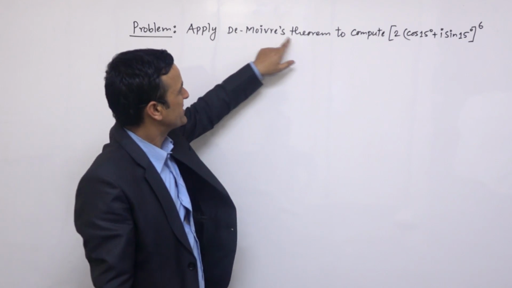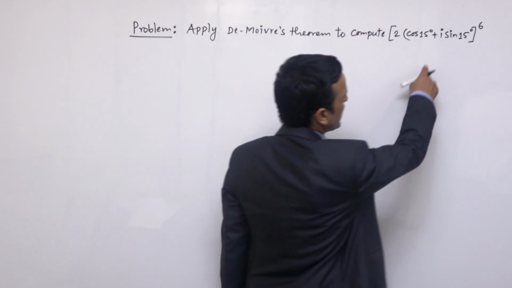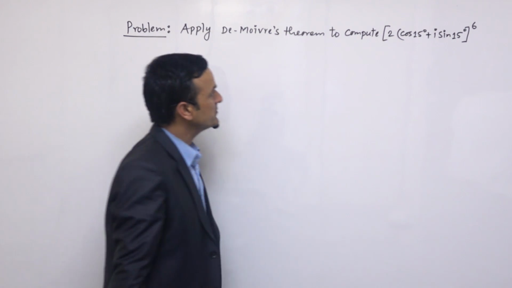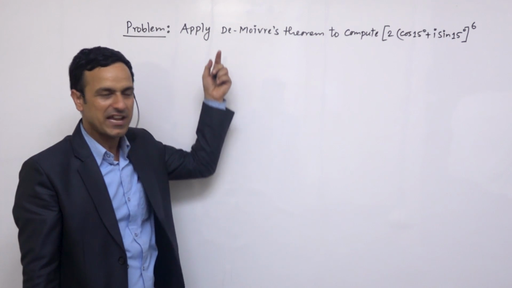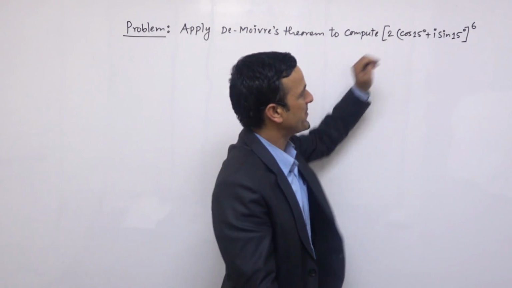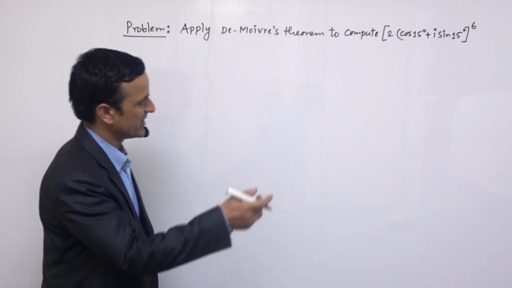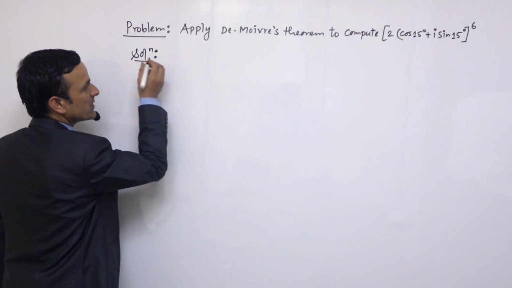So this question is related to de Moivre's theorem, and we have to find the value of this expression by using de Moivre's theorem. So it is the application of de Moivre's theorem. यो question मा अब हामी de Moivre's theorem apply गर्न गइरहेका छौं. So its solution is this one.